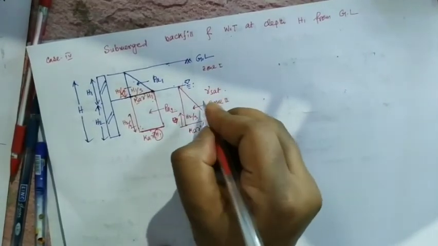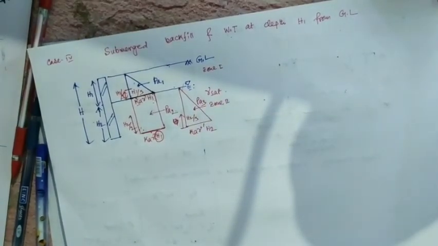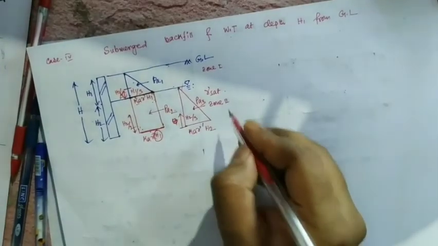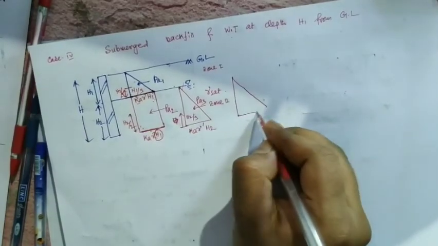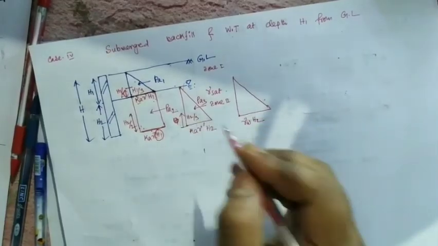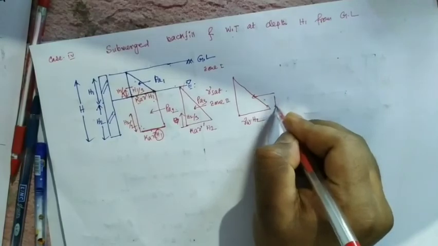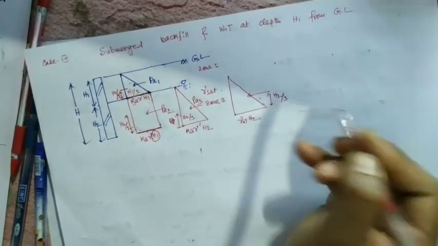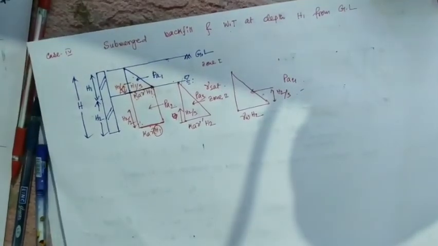I am naming it PA3. Another pressure diagram is for water, which will be gamma W into H2, and it also will act at H2 by 3 distance. I name it PA4.